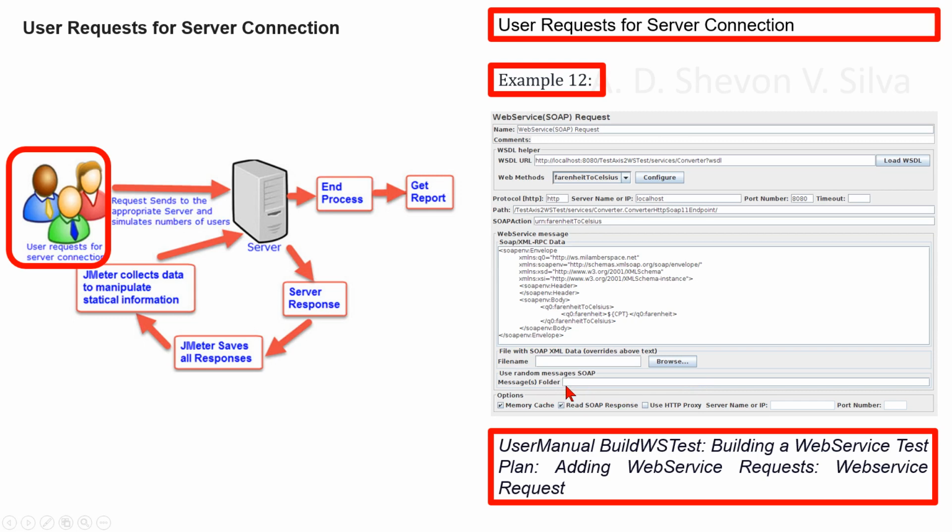An important note: the sampler will automatically use the proxy host and port passed to JMeter from the command line if the fields in the sampler are left blank.